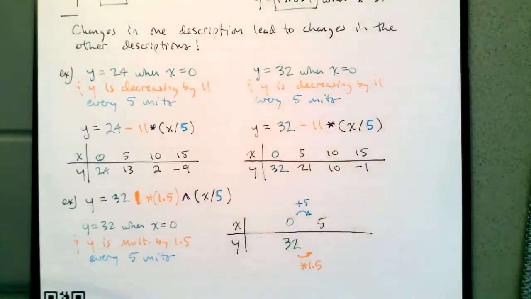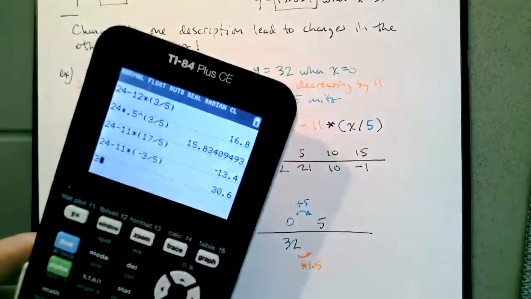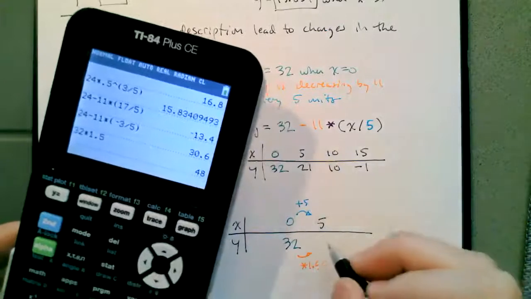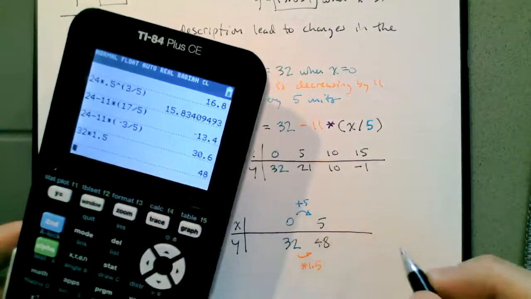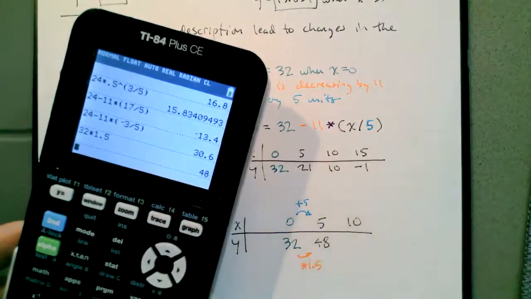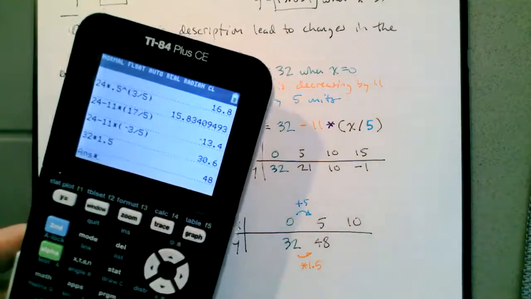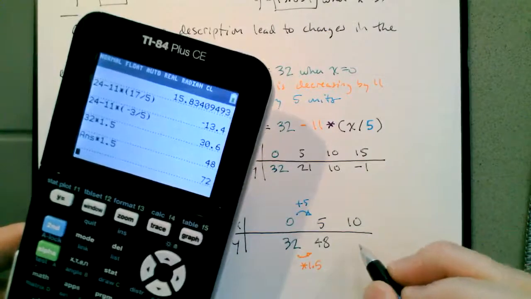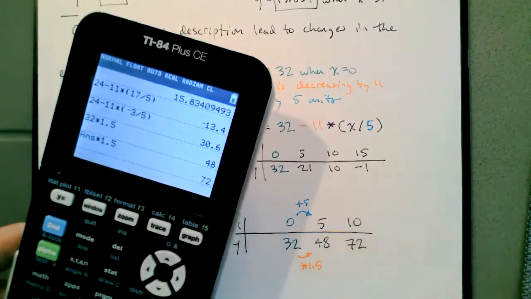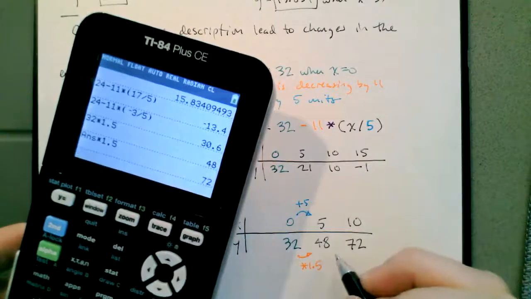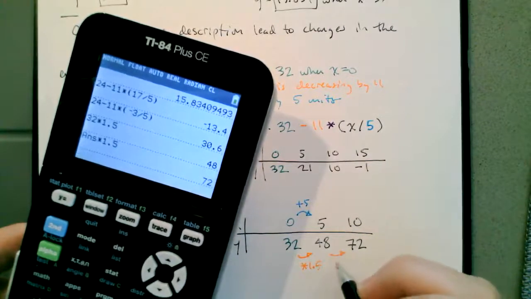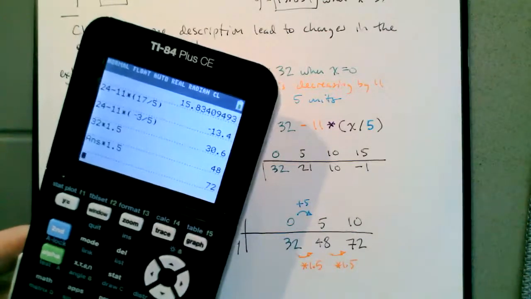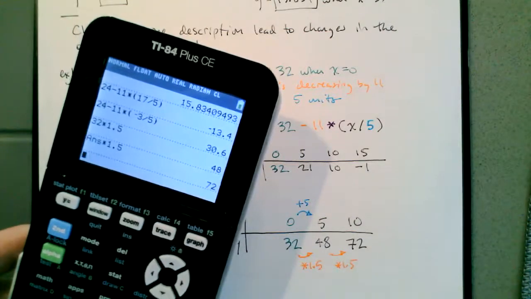So at 5 units, I'll take the 32 and multiply by 1.5, and that'll be 48. After 10 units, I'll multiply the 48 by 1.5 again, and I'll be at 72. 32 goes to 72 if we multiply by 1.5 twice.